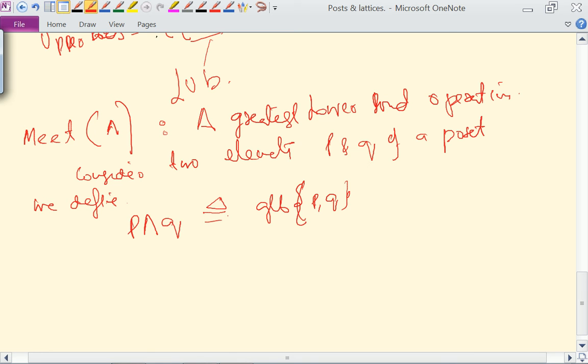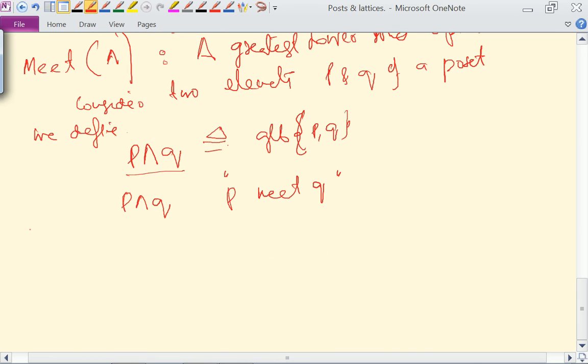And if you remember, I said if we have two sets, the GLB will be the intersection of those. So you have to do the intersection to get it. This is read as P meet Q, not P and Q, right?